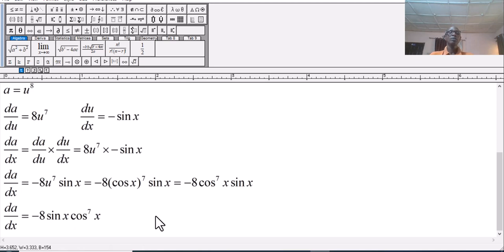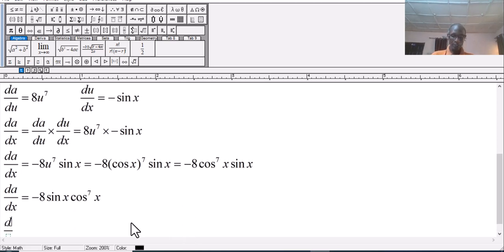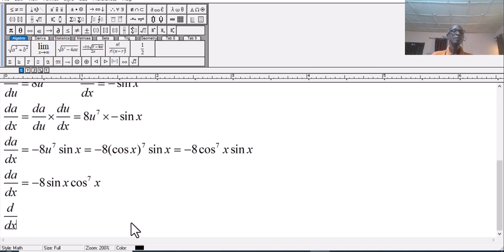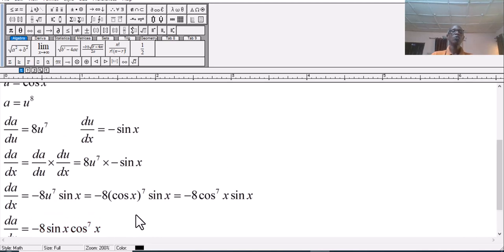So we can say that d by dx of cos to the power of 8 x is equal to this. I want you to take note of this concept.